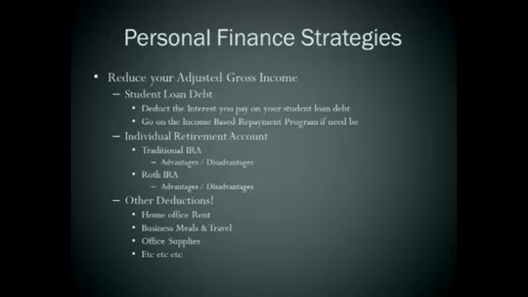In other words, you're going to be paying less money in taxes because you're not reporting as much money as taxable income because you're putting it into a tax-deferred savings account.